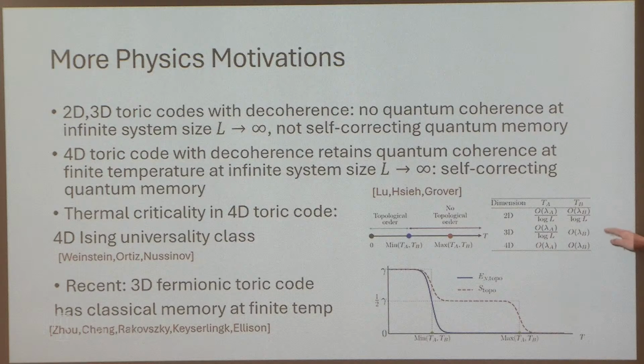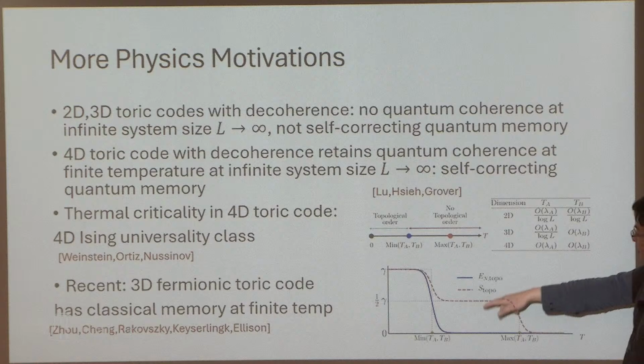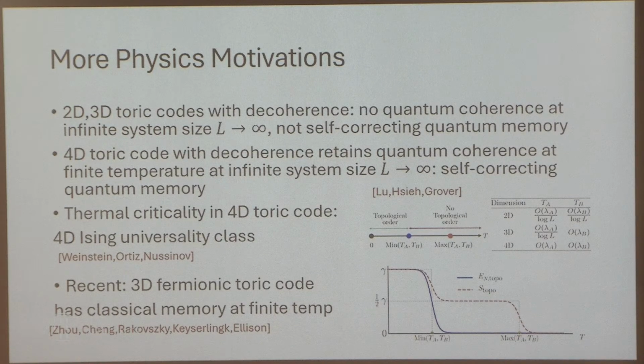If you perform a computation for 3D toric code, you'll realize that the first temperature, where the topological entanglement negativity becomes 0, actually approaches 0. Namely, even if you increase the temperature above 0 just by a little bit, you immediately lose the quantum coherence. But you still have non-zero topological entanglement entropy, and it only becomes 0 when you increase the temperature to a finite number. So that means that in 3D toric code, you have some classical topological coherence, but it's not quantum.